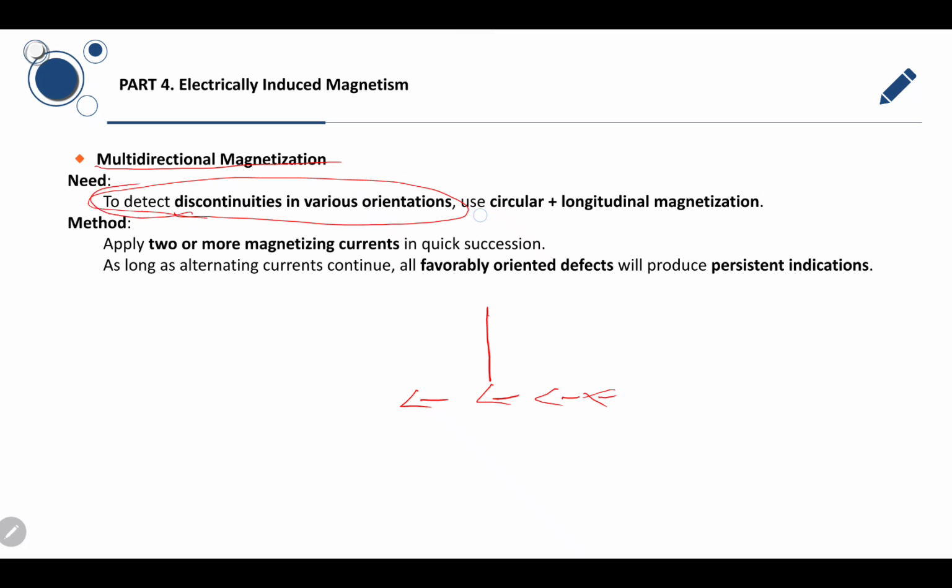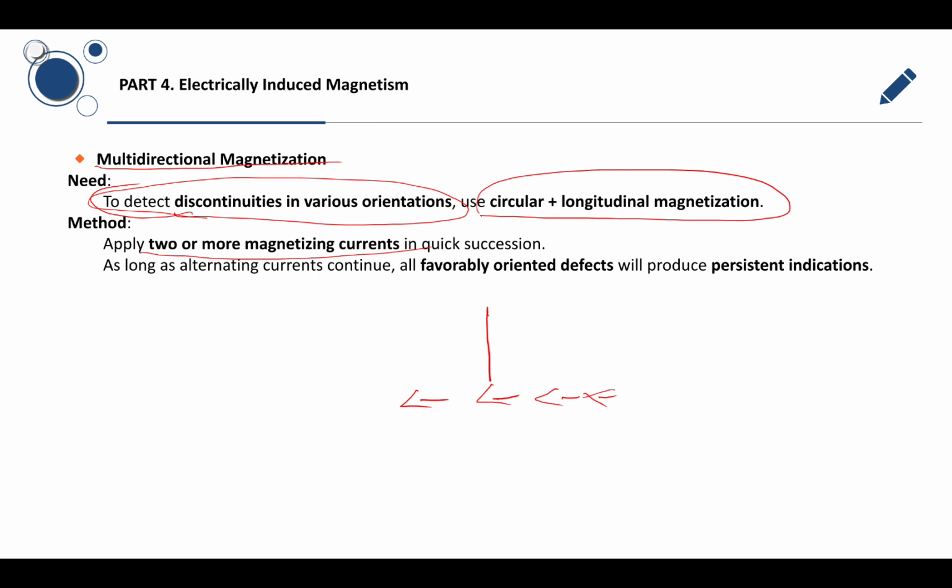So we can use both circular and longitudinal magnetization. Instead of applying just one type of field, we apply two or more magnetization currents in quick succession. This typically involves combining circular and longitudinal fields, cycling between them rapidly.